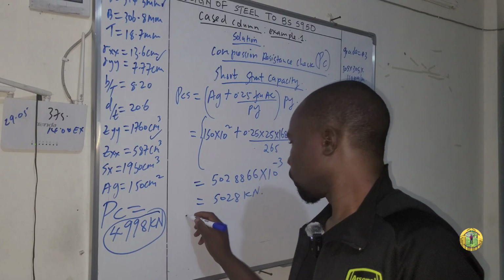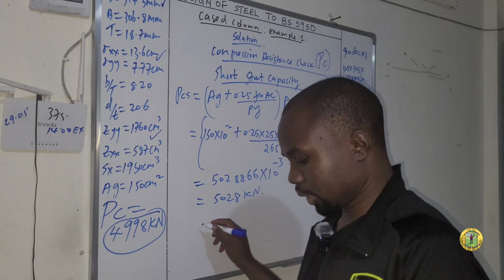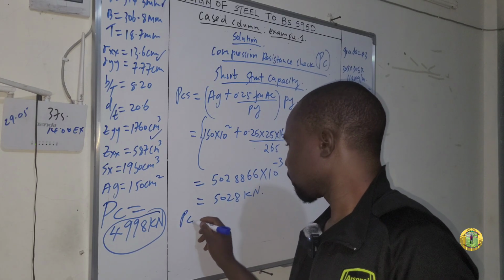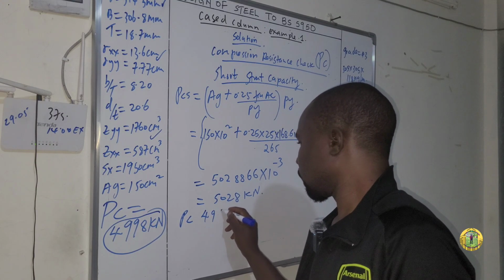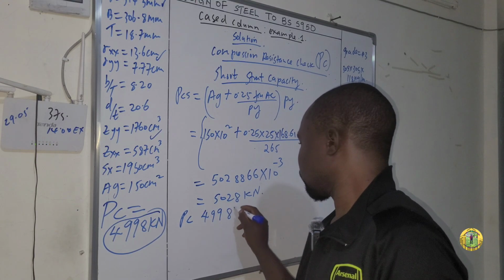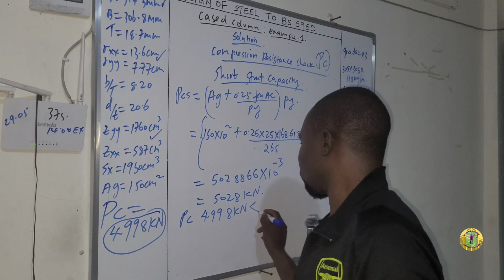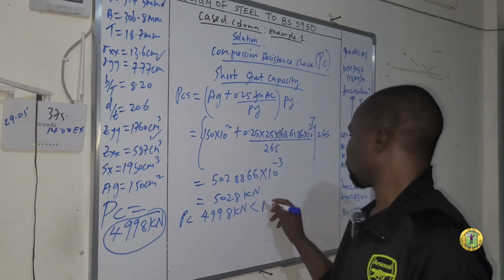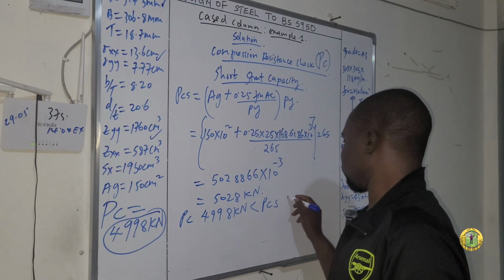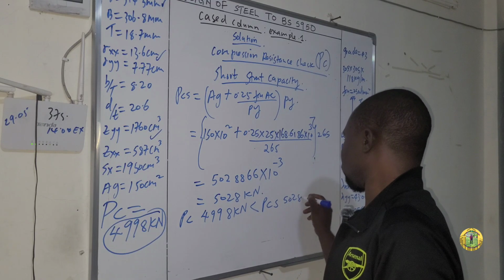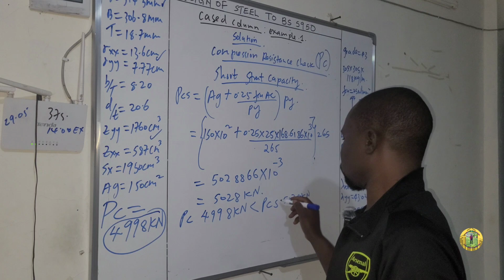So we will conclude by saying that PC, which is 49.98 kilonewton, is less than PCS, which is 50.28 kilonewton.